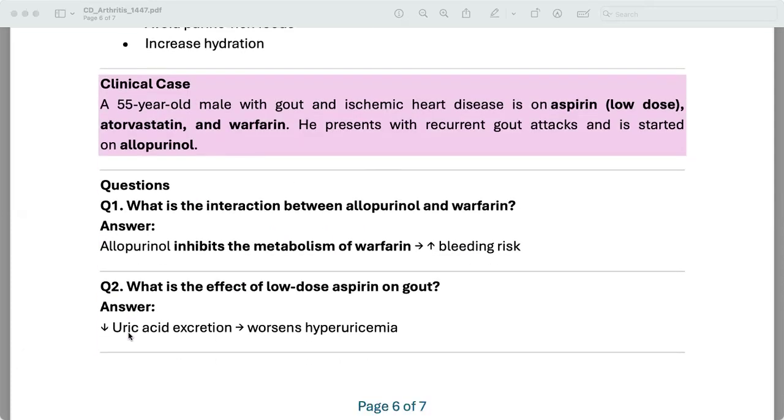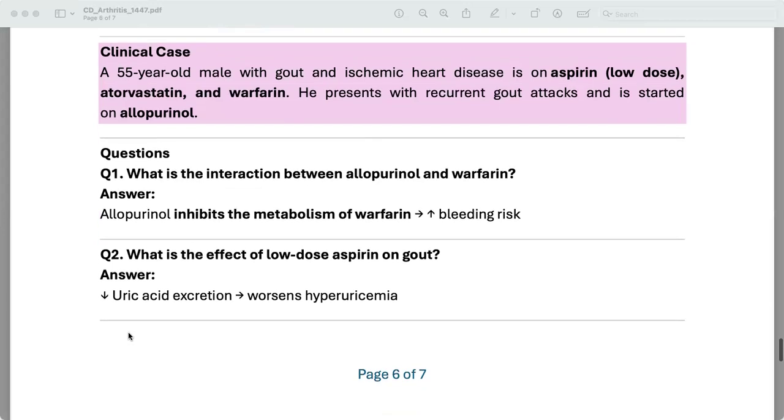And this is the last case of gouty arthritis. A 55-year-old male with gout and IHD is on aspirin.